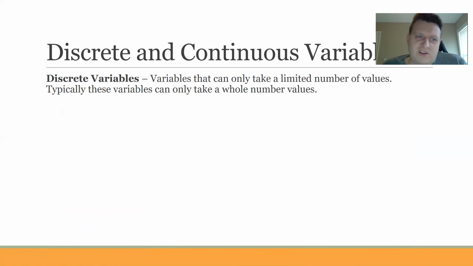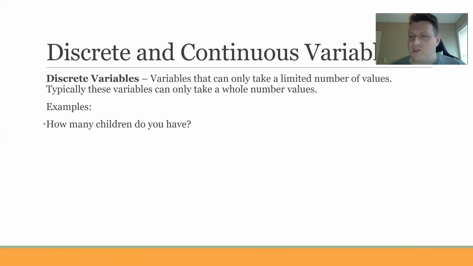Now let's make a distinction between discrete variables and continuous variables. Discrete variables are variables that can take on only a limited number of values. There are only so many values that the variable can take on. Maybe something like how many children you have.